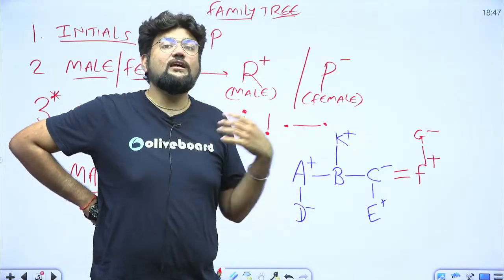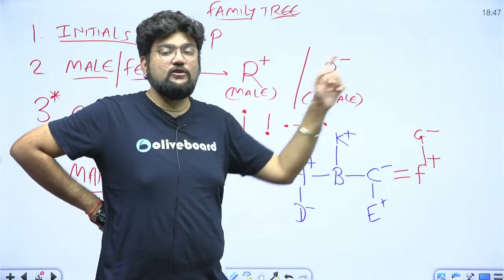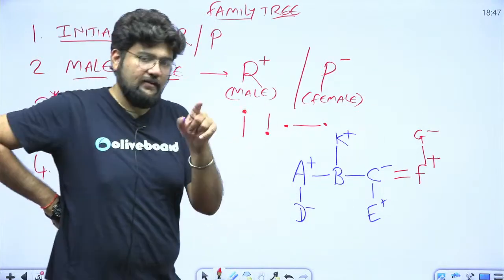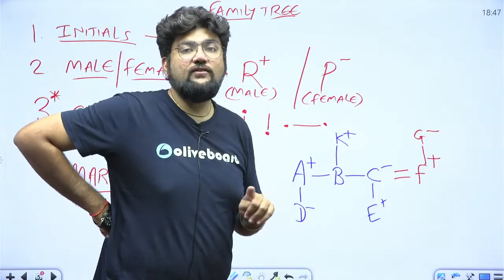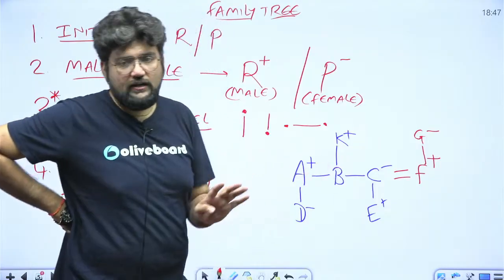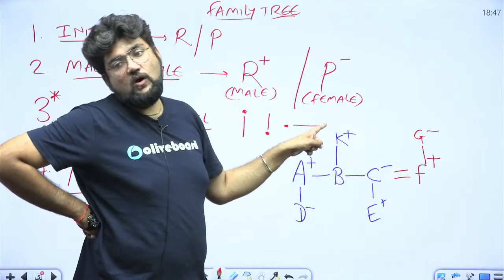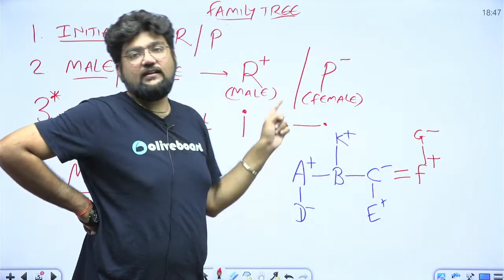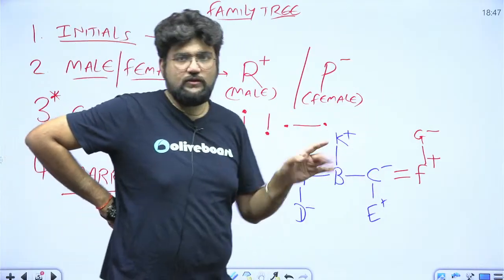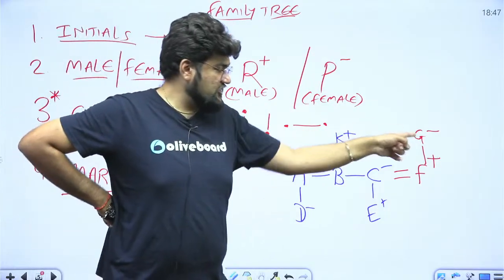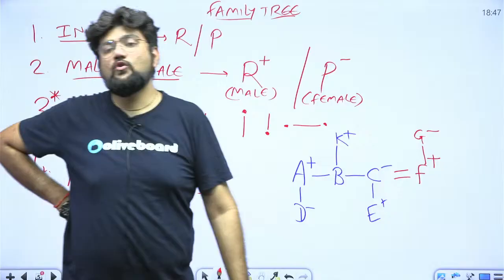If a question at all comes and they ask you how is K related to G, and in the options it is written either cannot be determined or relationship does not exist, you will take that. Otherwise, they will give you an indirect option. Indirectly, you can depict them. How is K related to G? So, G's daughter-in-law's father or G's son's father-in-law. Correct. You can do that. Tick that. Not a problem. But otherwise, K and G or A and G, the relationships do not exist.